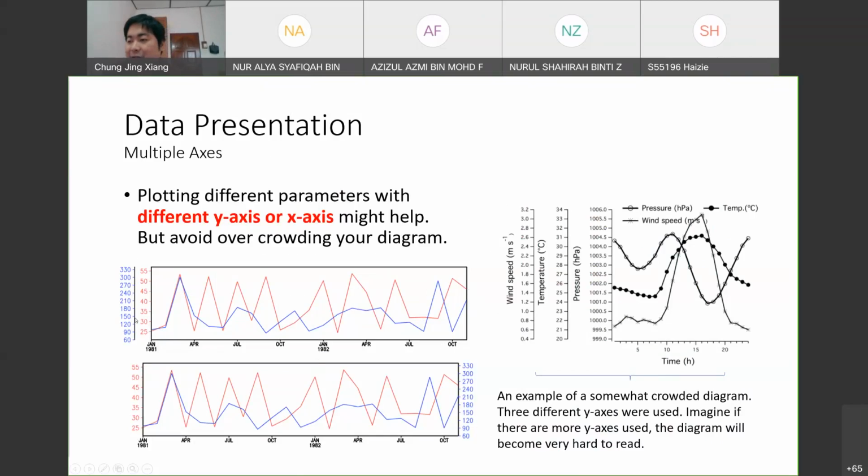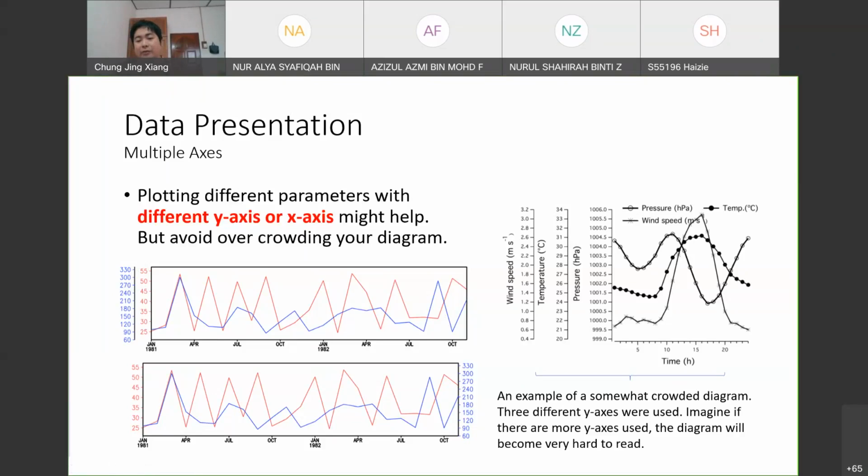For this example, I have multiple y-axes. The red one corresponds to the red data, and the blue one corresponds to the blue data. So now you can see they are actually kind of comparable, and this one is also the same. This is a different way you can display your data.